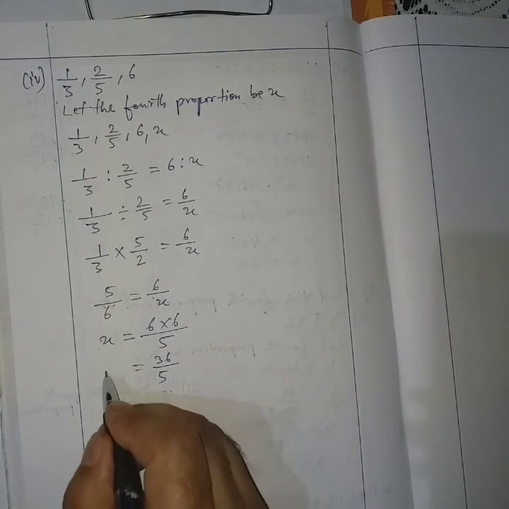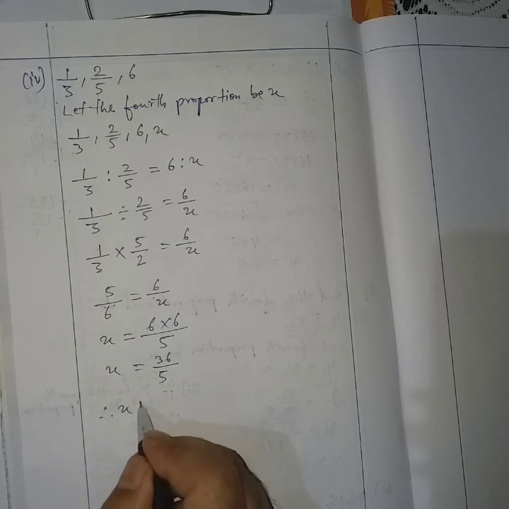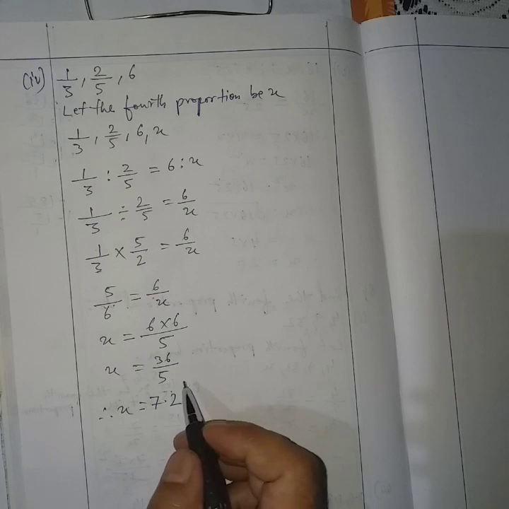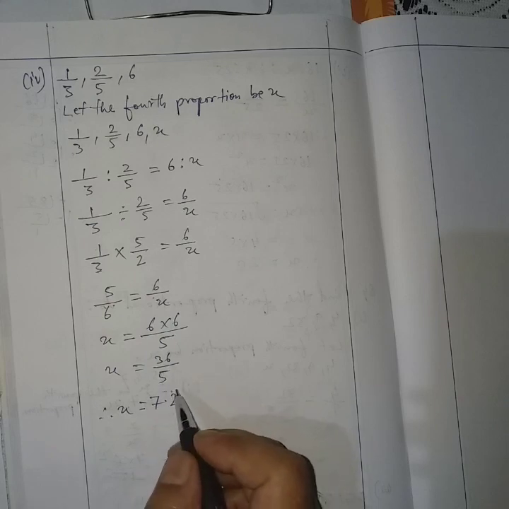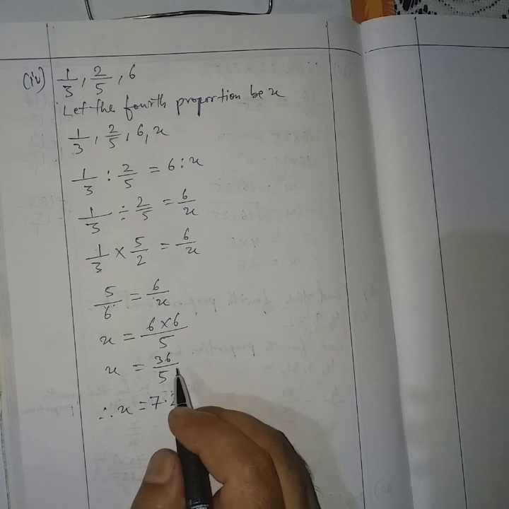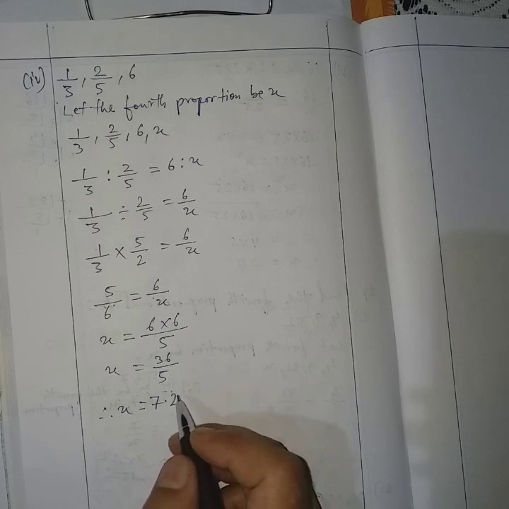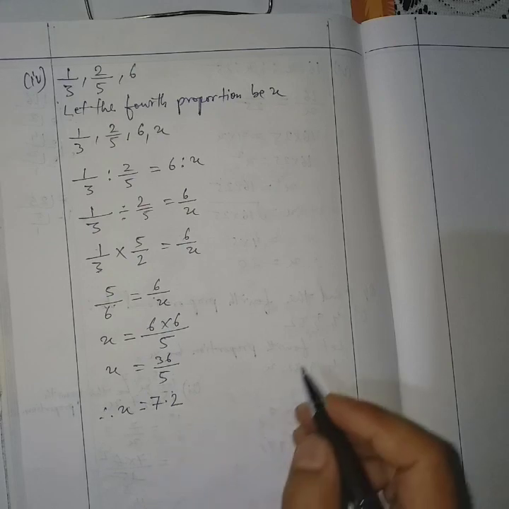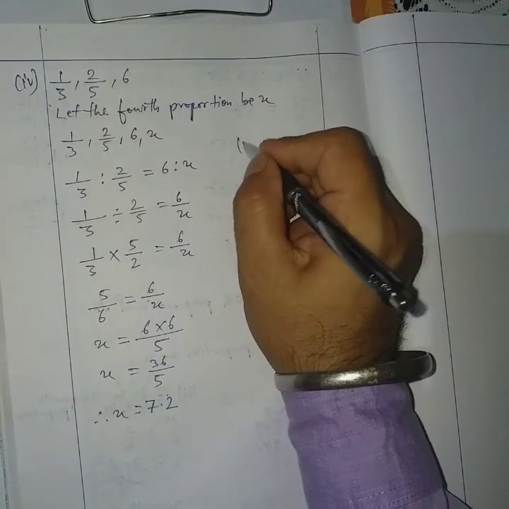If we divide it, then we'll get x as 7.2. 5 sevens are 35, 1 comes in, 5 twos are 10. Okay, so this is fine.